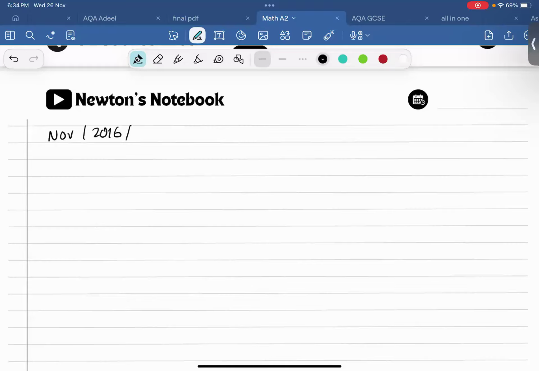November 2016, 33, question number 4, and in the question you have a polynomial, that is 4x to the power 4 plus ax squared plus 11x plus b, okay.